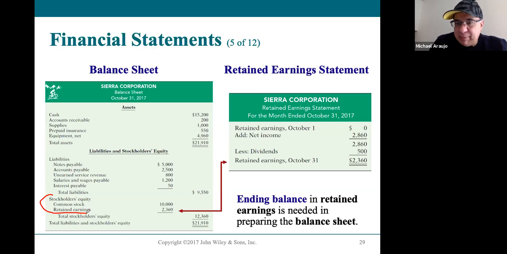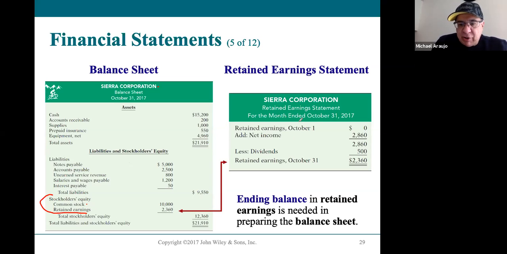And common stock simply is when you start a company, you put cash into the company. In exchange for that cash, you get a piece of the ownership. And again, in a corporate form, ownership is represented by shares of ownership. Shares of ownership is what we call common stock. Stock and shares of ownership mean the exact same thing. Shares, stock, same thing. So those are also interchangeable terms.